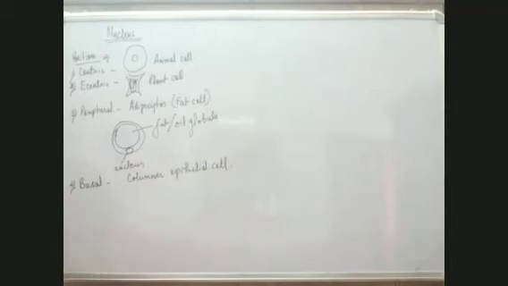The columnar cells are somewhat like this, column-shaped cells, and they have their nucleus located at the base. So this is the basal position. So we have four types: centric, eccentric, peripheral, and basal.